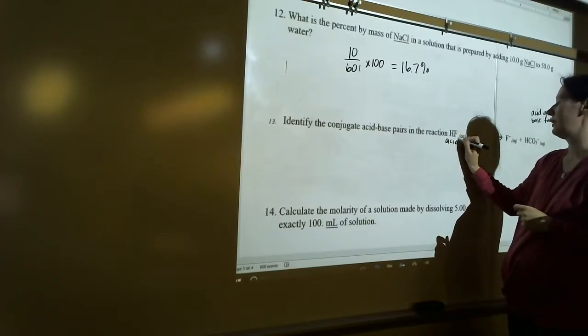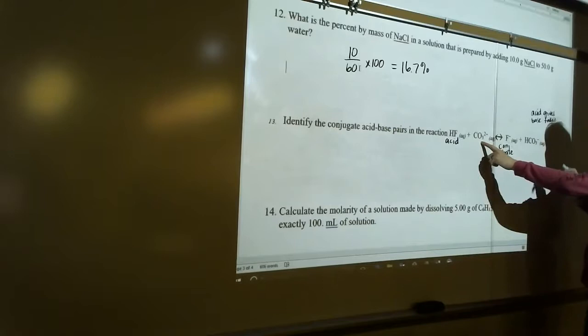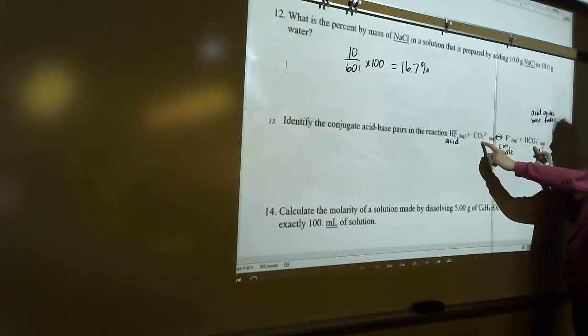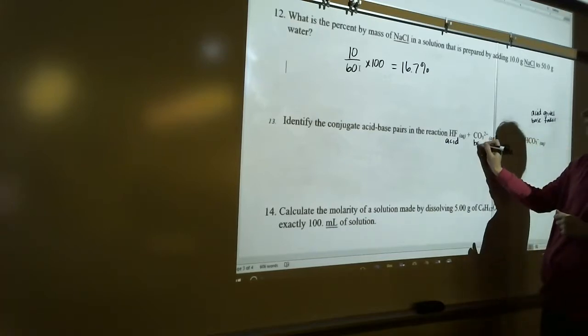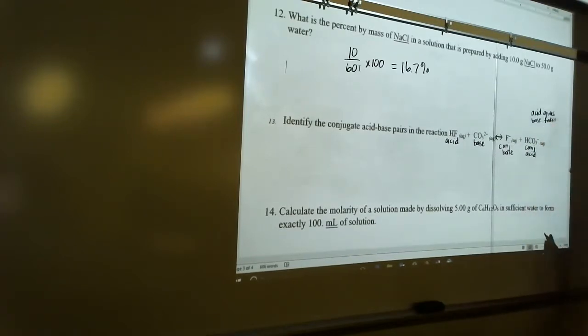That would be the acid. That would make this the conjugate base. And then carbonate became HCO3. What did it do? Give or take? Took. So that makes it the base and the conjugate acid. Questions on 13?